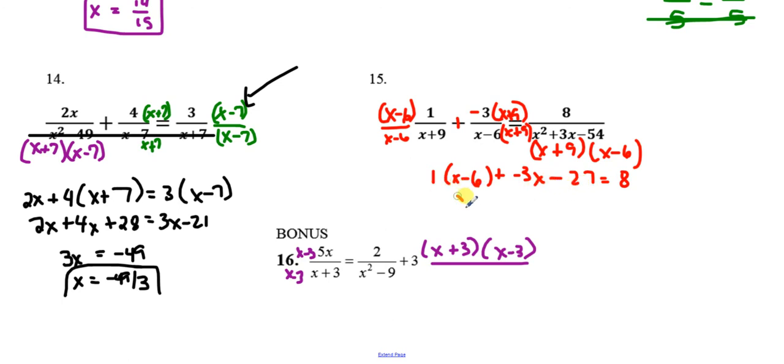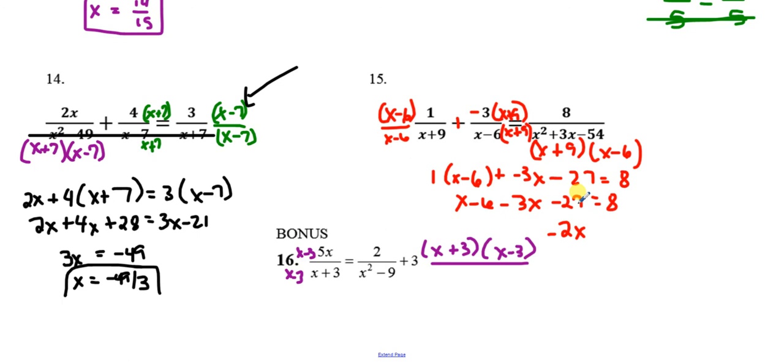Combine them. First we've got x minus 6 minus 3x minus 27. You could probably skip this step when I multiplied by 1, equals 8. And we have a 1x and a minus 3x, so we have minus 2x. I will save a step here. I have a minus 6 and a minus 27.